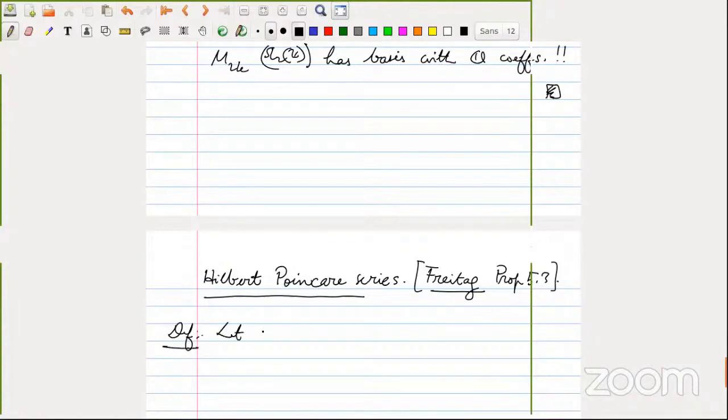phi, which is a bounded holomorphic function on Hn. So on Hn, not on the full Cn. Otherwise it would have been a constant.